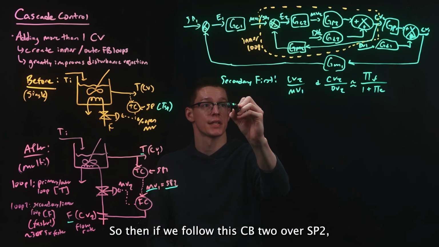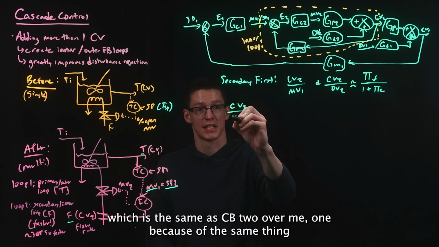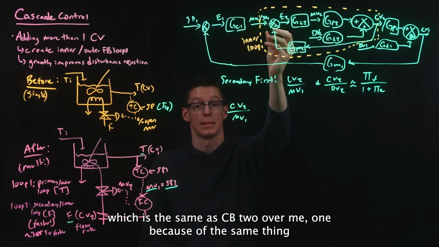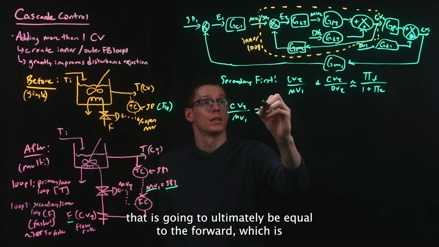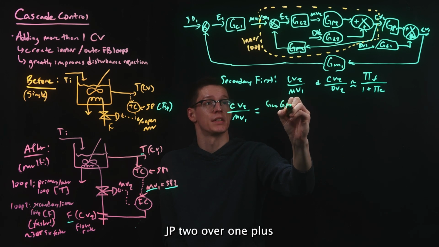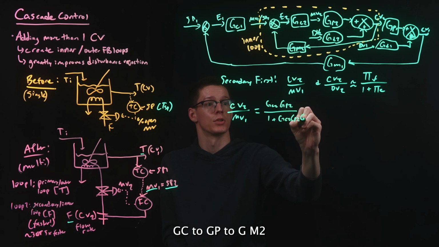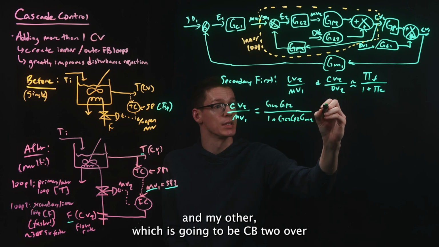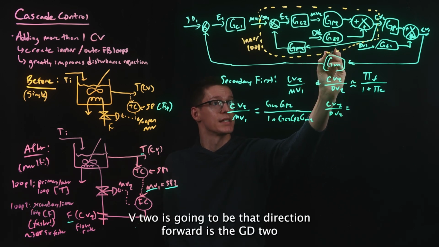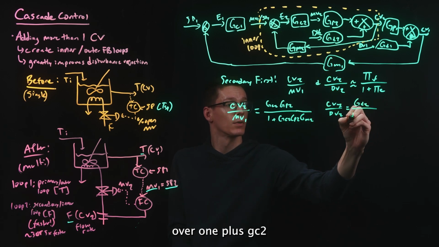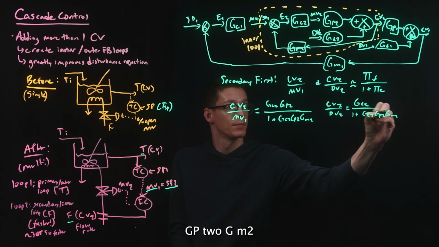So then if we follow this, CV2 over SP2, which is the same as CV2 over MV1 because of the same thing, that is going to ultimately be equal to the forward, which is GC2 GP2 over 1 plus GC2 GP2 GM2. And my other, which is going to be CV2 over DV2, is going to be, that direction forward is the GD2 over 1 plus GC2 GP2 GM2.